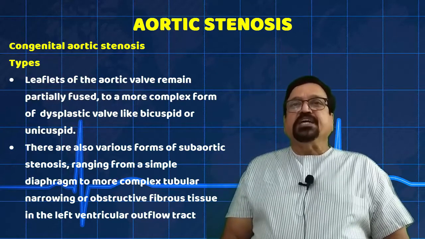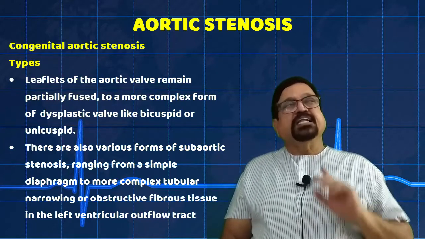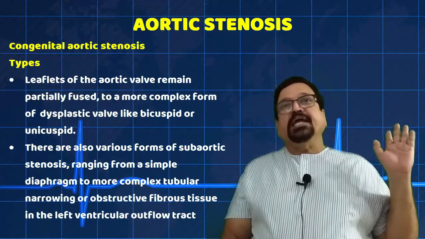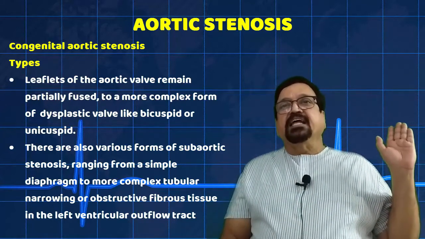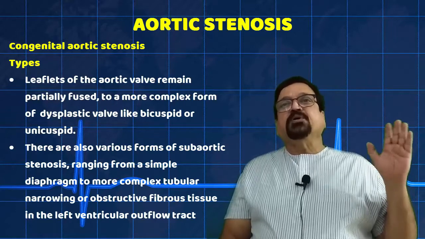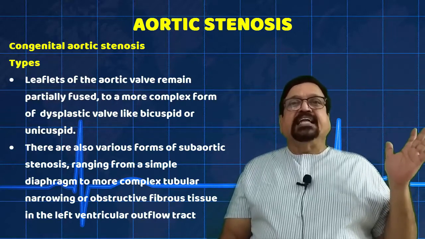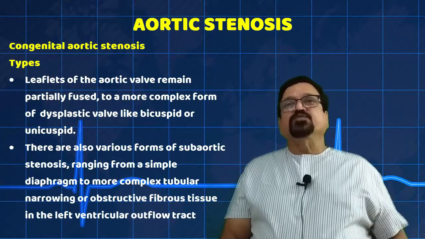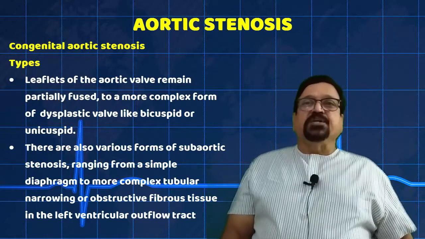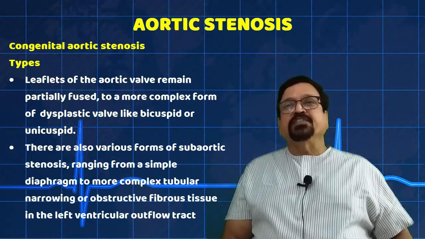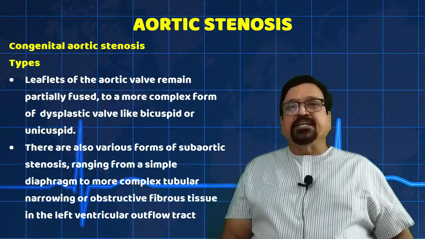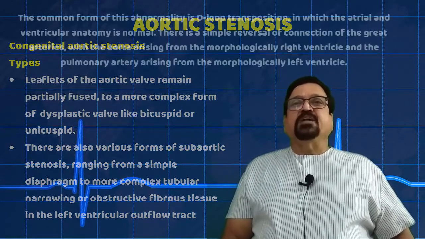Leaflets of the aortic valve remain partially fused, to a more complex form of dysplastic valve like bicuspid or tricuspid. Then there are also various forms of subaortic stenosis ranging from a simple diaphragm to a complex tubular narrowing of the obstructive fibrous tissues in the left ventricular outflow.